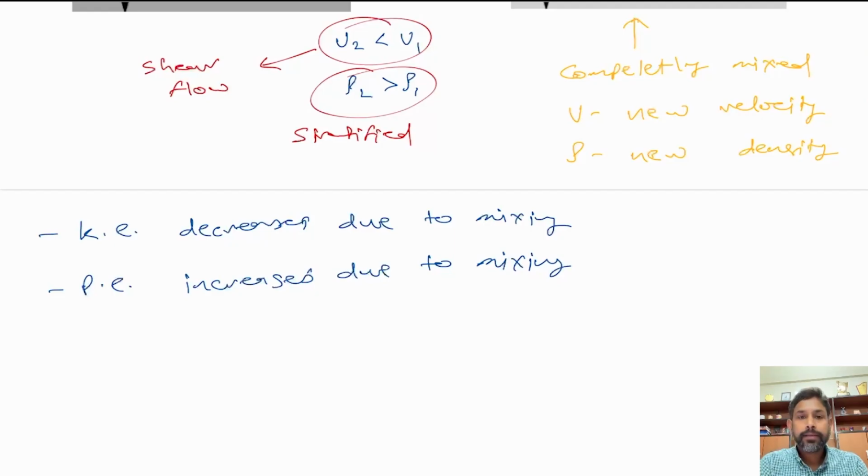And that is why we are going to analyze kinetic energy and potential energy of the system. We will try to find how much kinetic energy was there initially, how much kinetic energy is there after mixing, how much potential energy was there before, and how much after mixing. Okay, and that is why let's try to find kinetic energy and potential energy.